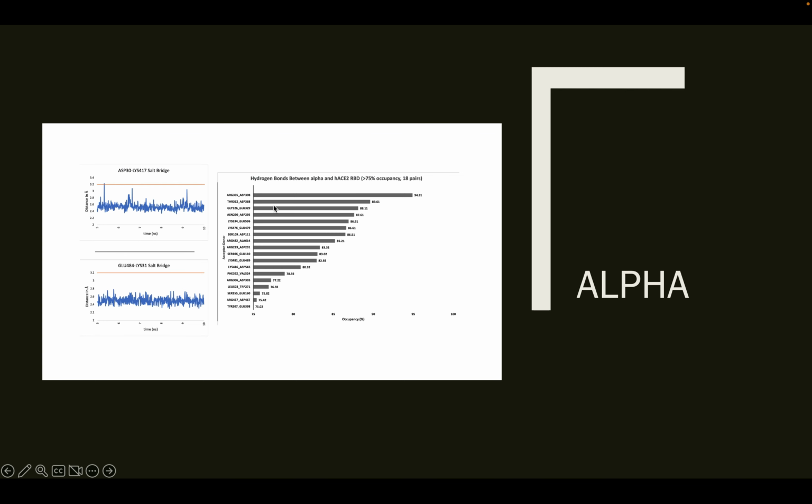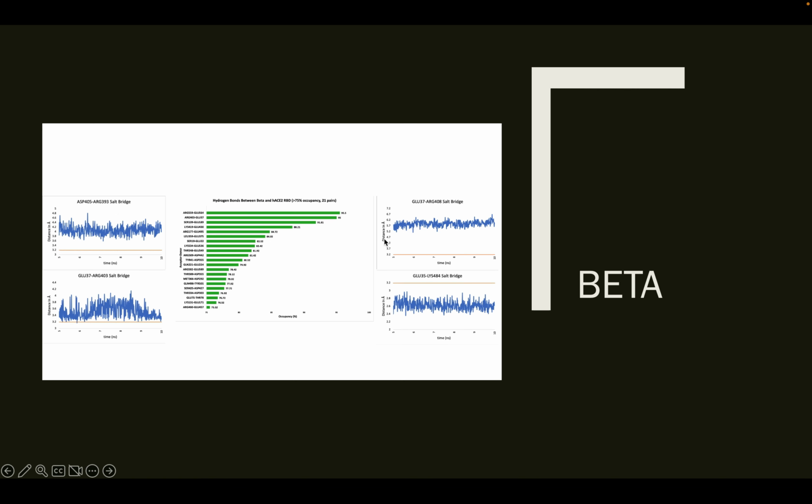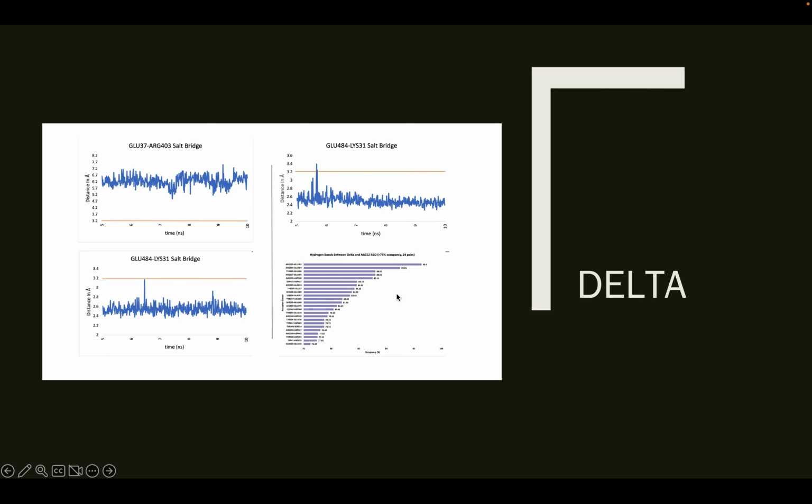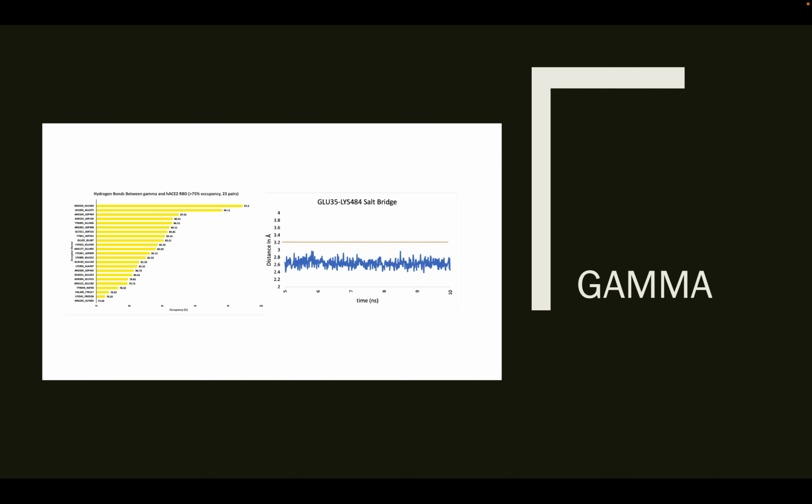And coming to alpha, it has a hydrogen bond of highest occupancy 94.91% and two strong salt bridges. And coming to beta, it has a hydrogen bond of highest occupancy 95.5% and two weak salt bridges, one mid-range salt bridge and one strong salt bridge. Coming to delta, it has highest occupancy of 96.4% and it has two strong salt bridges and one weak salt bridge.